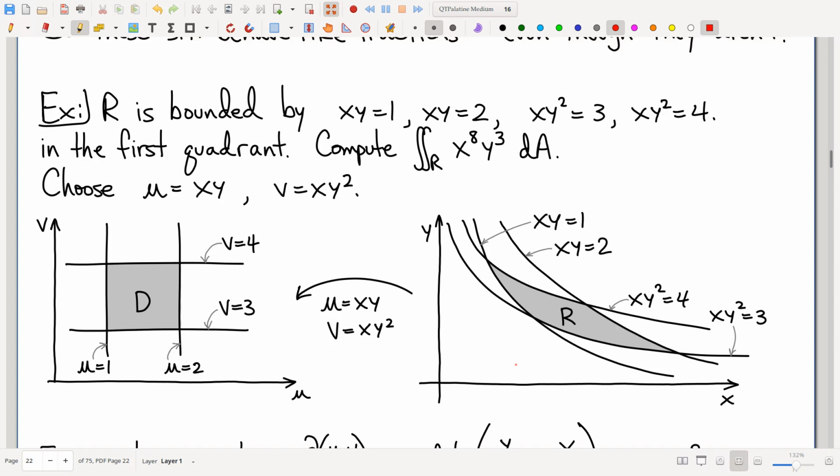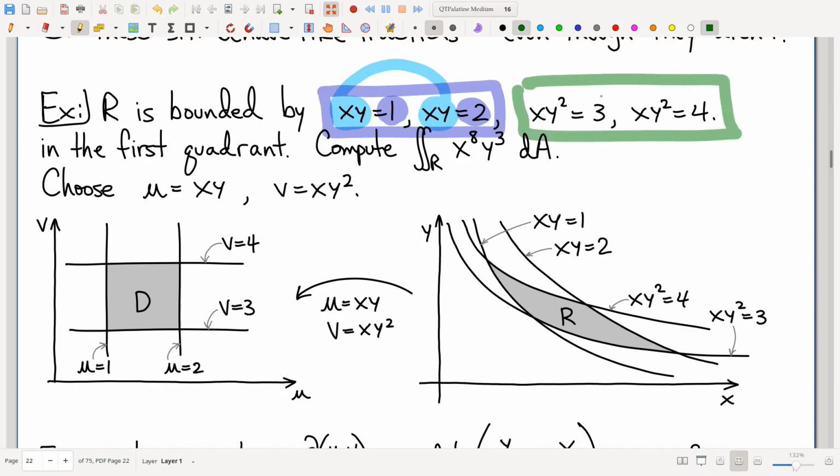Here's the idea. Two of these curves, you will notice, are level sets. In fact, they are level sets of the same function. Everybody see that? The other two of these curves are also level sets, and furthermore, they are also level sets of the same function.